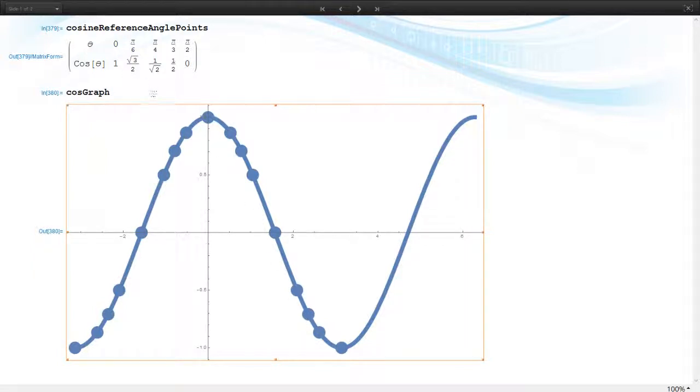That's S-I-G-N, not S-I-N-E, sign, to determine whether it's positive or negative. And we can use our reference angle chart to determine the size of the y values, that is the absolute value of the y values. So if we know the absolute value of the y value and whether it's positive or negative, we can graph the point for our cosine graph.